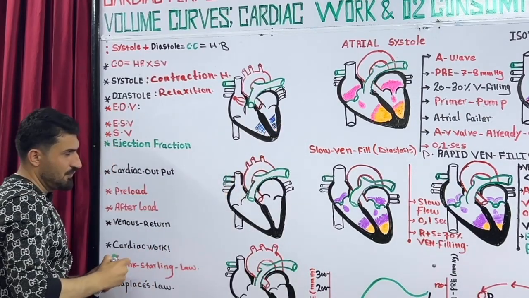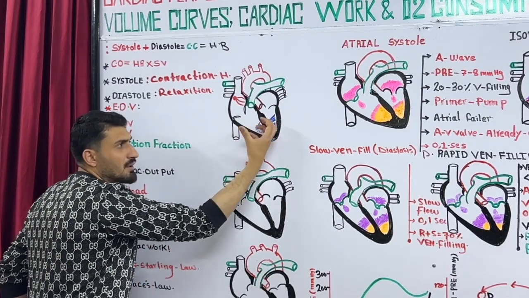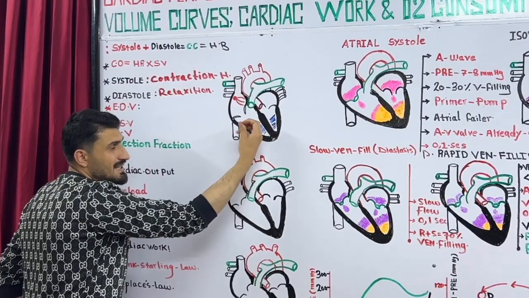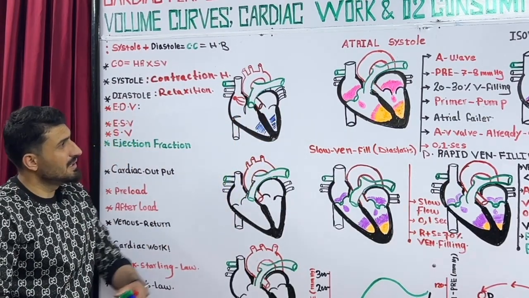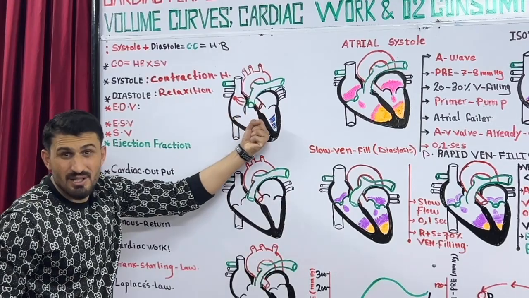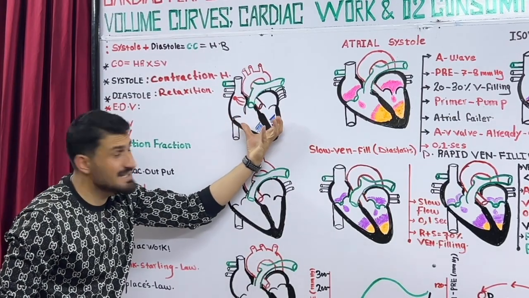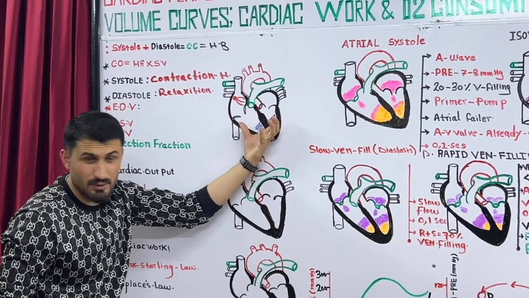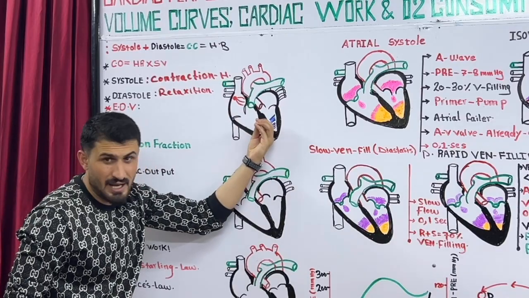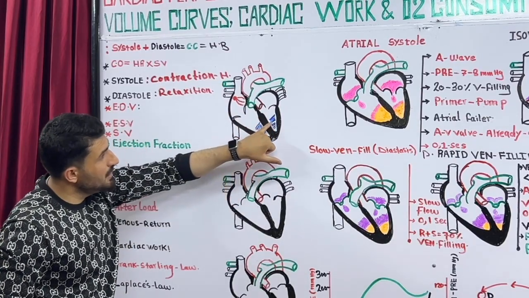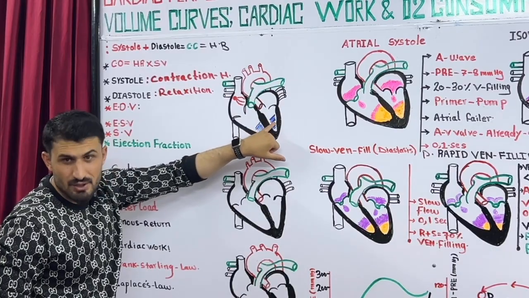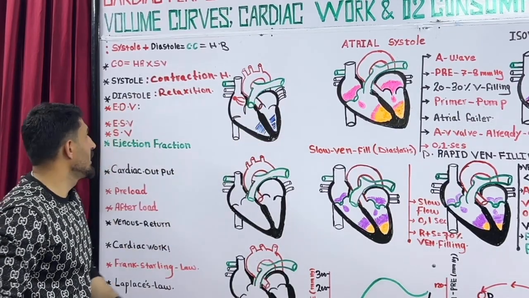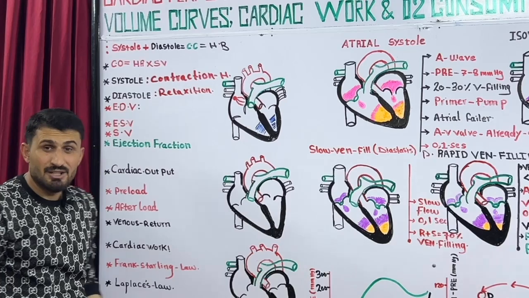Okay, now I'm at the end of relaxation. Till now I haven't entered the systole phase. I'm at the end of diastole phase. At the end of diastole, if I measure the volumes inside these two ventricles, these volumes are called end diastolic volume.